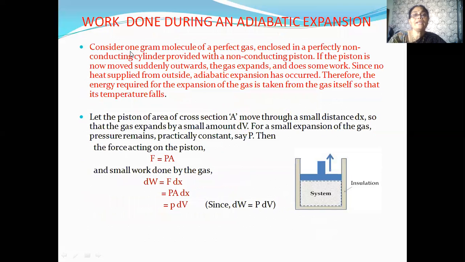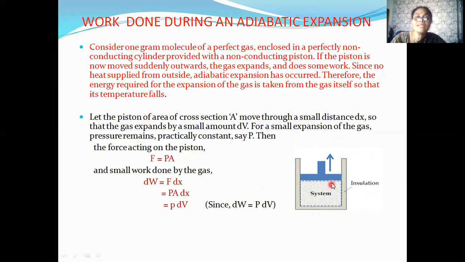Now, let's calculate the work done during an adiabatic expansion process. For this, let us consider a perfect gas enclosed in a perfectly non-conducting cylinder provided with a non-conducting piston. That means the cylindrical vessel is completely thermally insulated from the surroundings. No heat can enter into or leave the system.